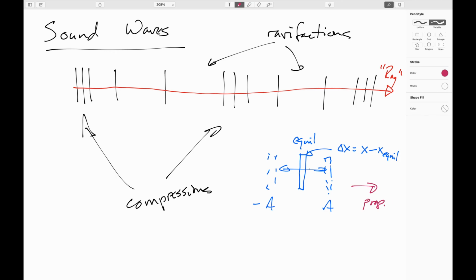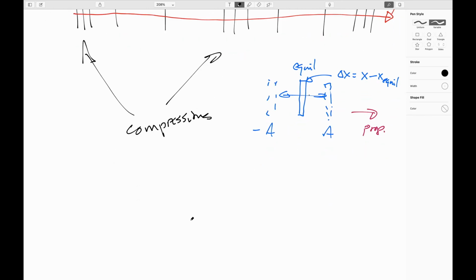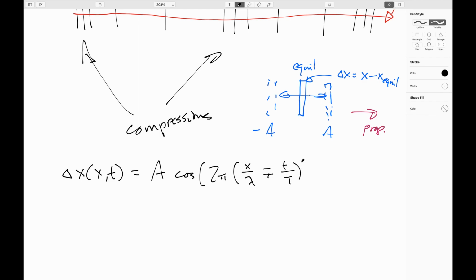Alrighty then. So with that, it turns out that you can describe the wave mathematically basically exactly the same way. Instead of saying y of x and t, you would say delta x of x and t. And this would still be equal to A cosine of 2 pi times (x over lambda minus or plus t over the period).